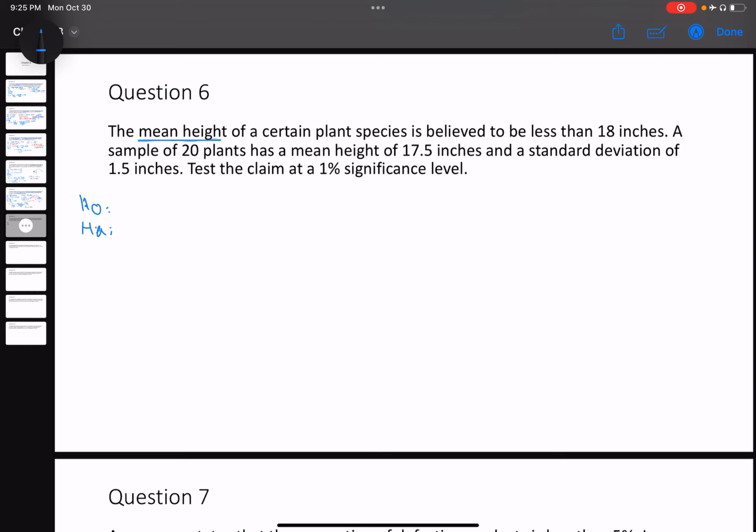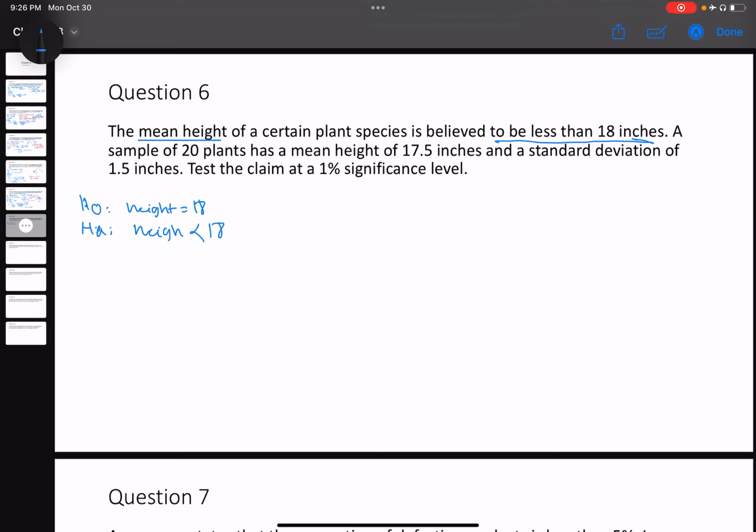The mean height equals 18 inches. Alternative is the mean height is less than 18 inches.